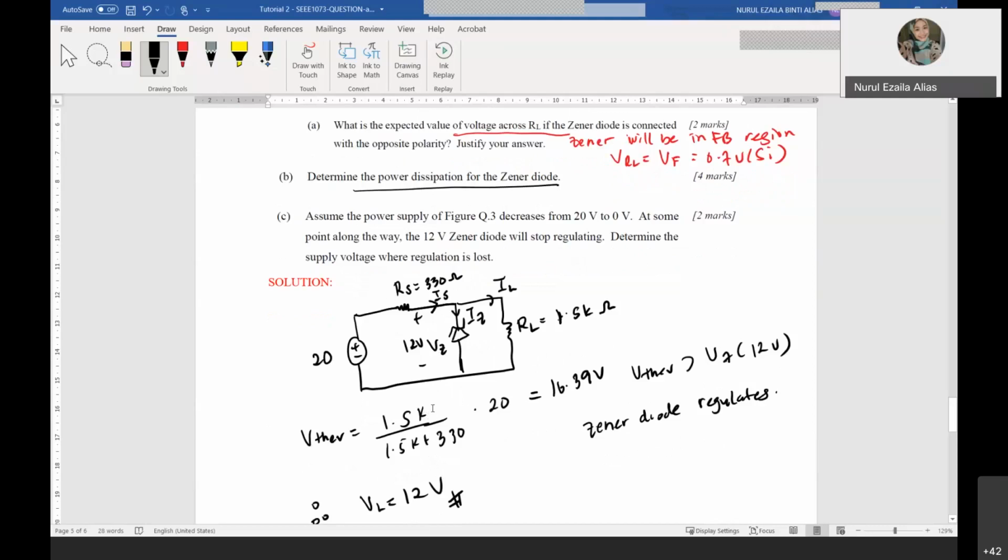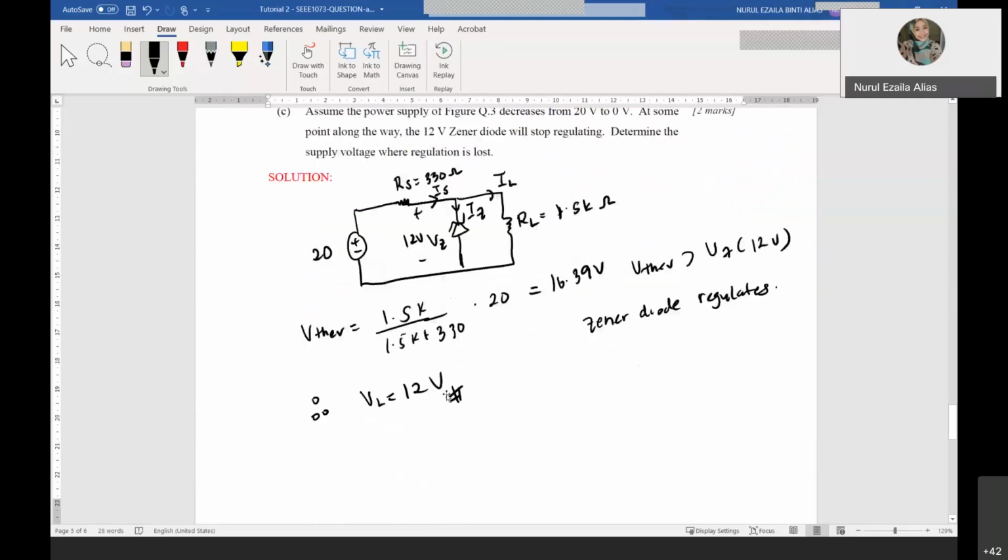In order to find IZ, you need to find IS as well as IL. First, how to find IS? KVL first.